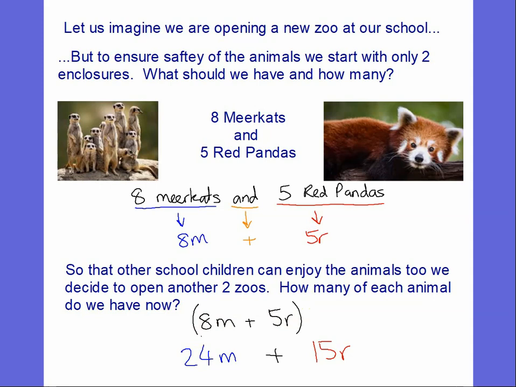But we're actually going to have 3 of them. So that 3 outside the bracket means we're going to multiply everything inside by 3. We're going to expand the brackets. So all we have to do is 3 times 8M, which is 24M, and 3 times 5R, which is 15R.